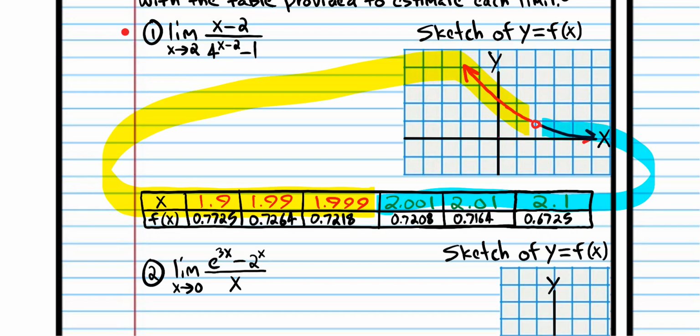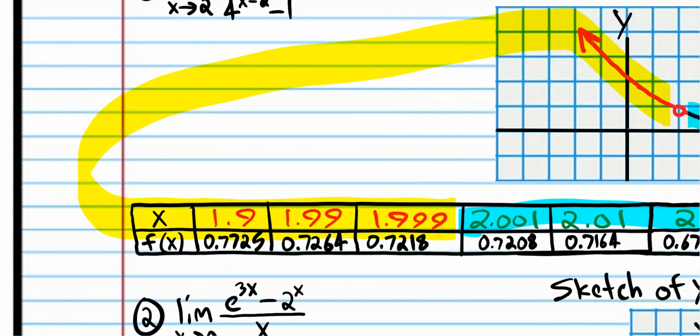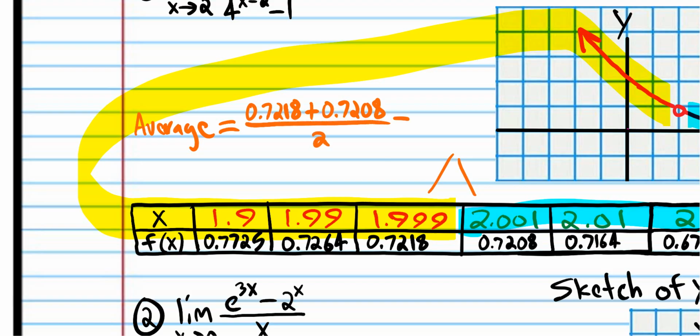So in order to get a better approximation, we're going to actually find the average of these numbers. We're going to average those. So 0.7218 plus 0.7208 divided by 2, and let's see what we get when we average those.